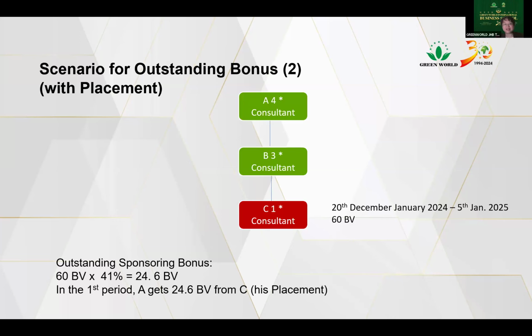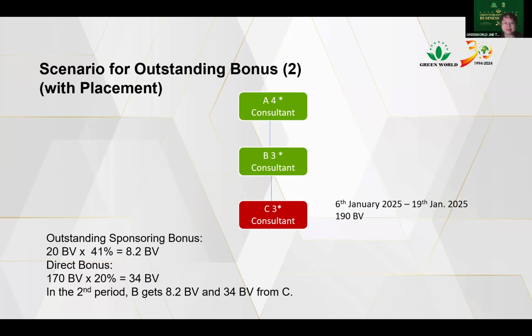Also, C buys 60 BV from 20th December to 5th of January. So the outstanding sponsor bonus, which is 24.6 BV, goes to A during the first period, because it is he who recruits C. So in the first period, A gets 24.6 BV from C.